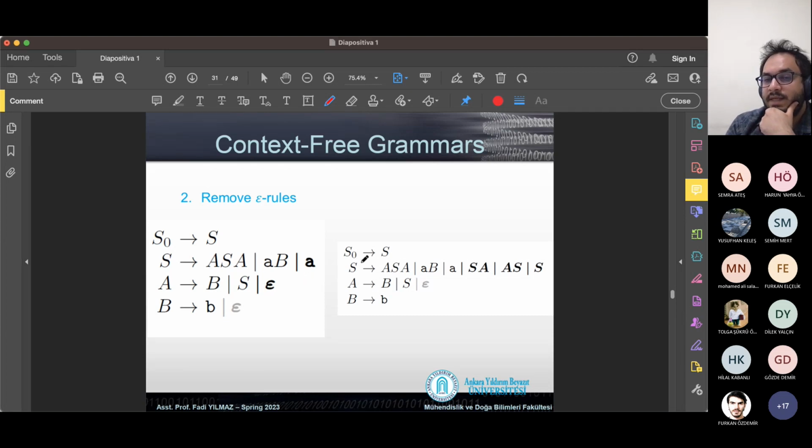For all the A's, I have to consider what if the A is epsilon or not. What if the first A is epsilon? I just have SA. What if the second A is epsilon? I just have AS. What if both of them are epsilon? I just have S. You have to consider all possible ways to get the A, and then you can remove this rule.